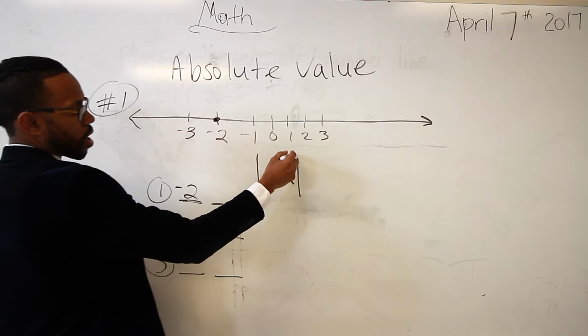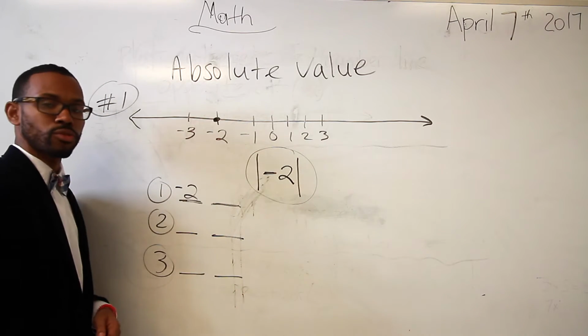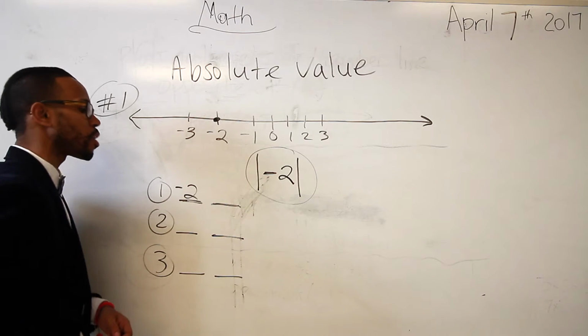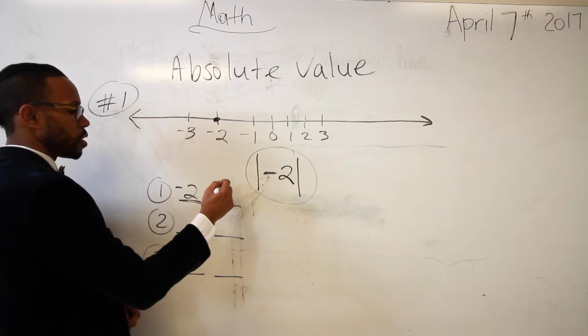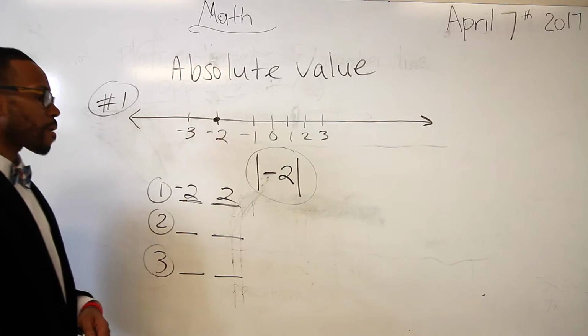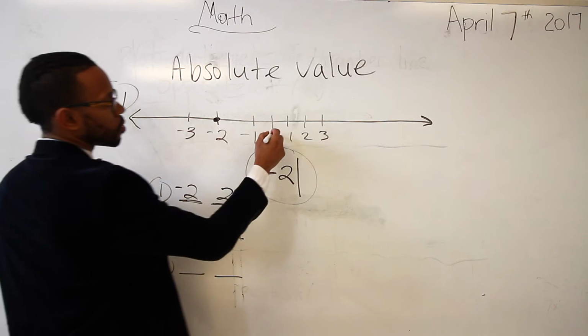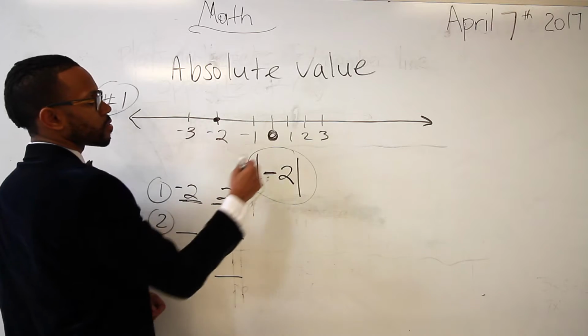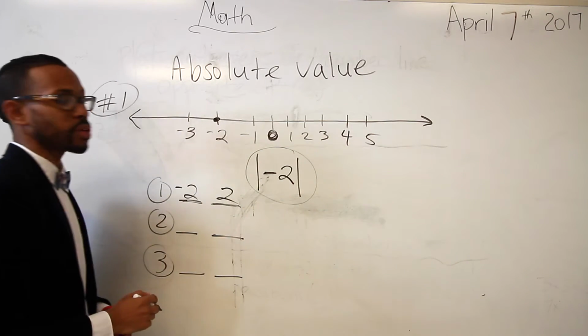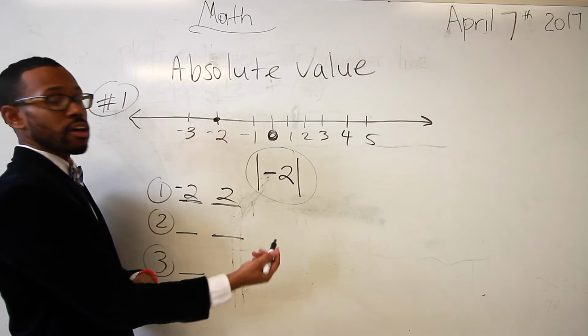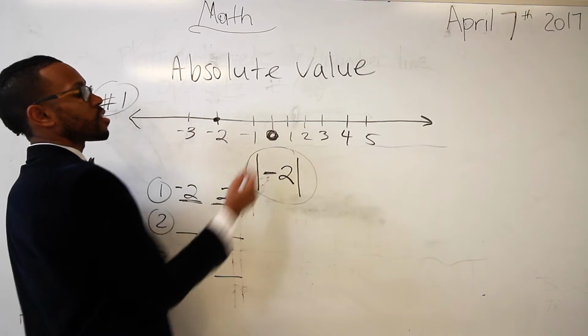So that's how we would write the symbol for the absolute value of -2. So the absolute value of -2 is just 2. Now, another way we also described it is absolute value being simply the number of spaces from 0.